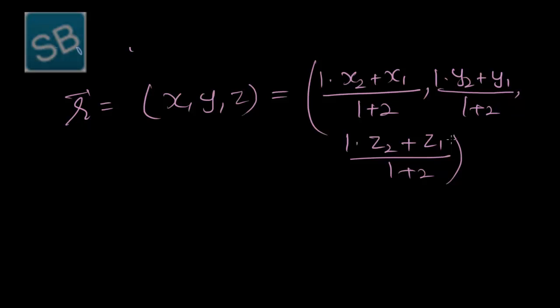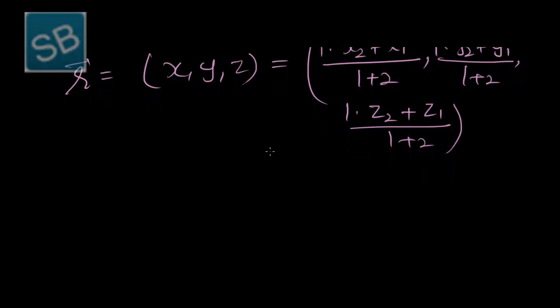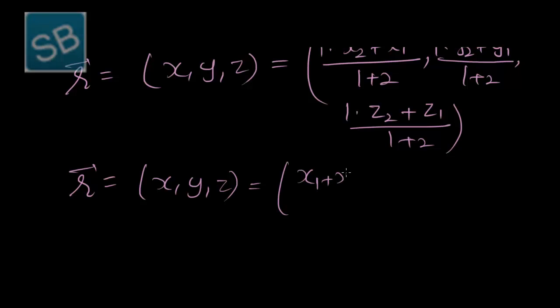Lambda times 1 times x1, that is the same because P is the midpoint. It is not divided, so we can take any formula, from the A side or from the B side. So we get the coordinates of P, that is R equal to xyz equal to x1 plus x2 over 2, y1 plus y2 over 2, z1 plus z2 over 2.